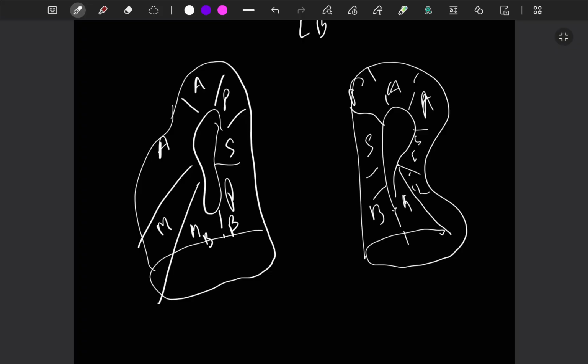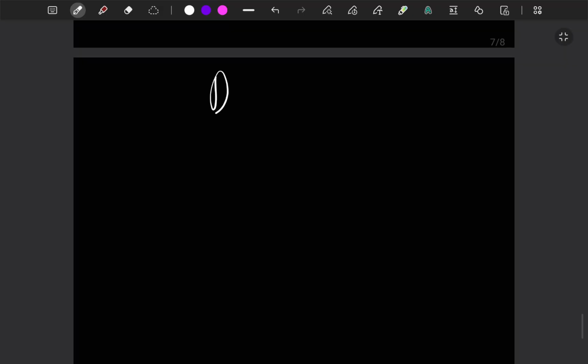Now going a little bit deeper into the development of the respiratory system.